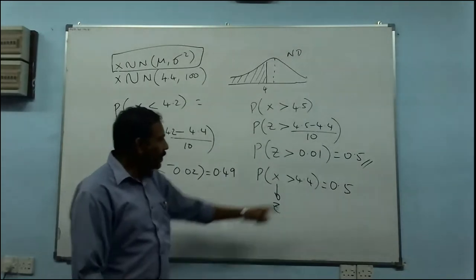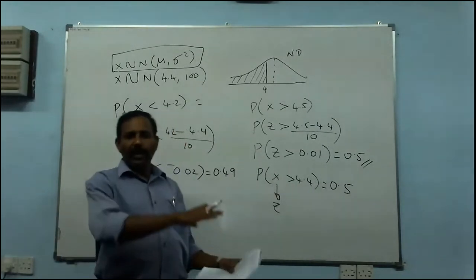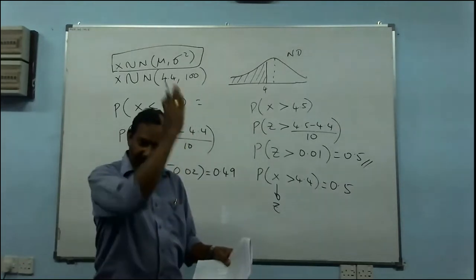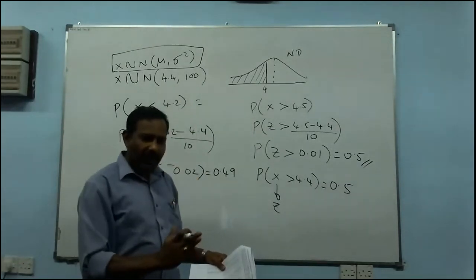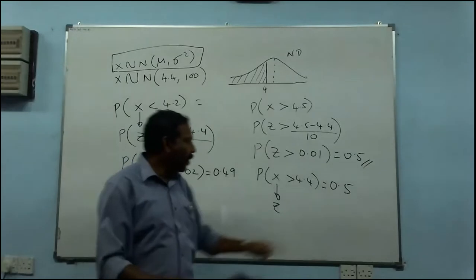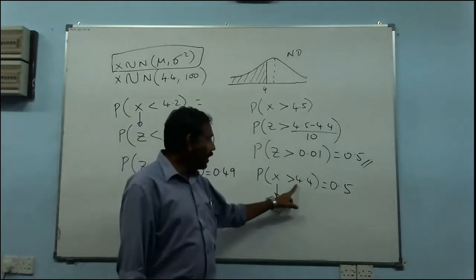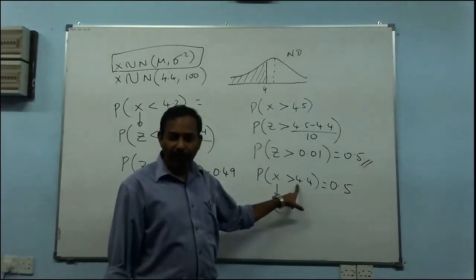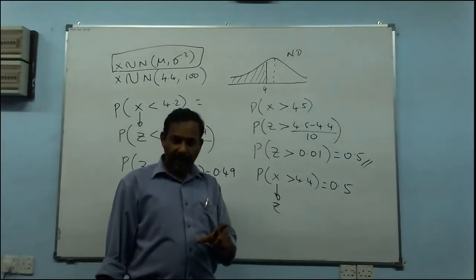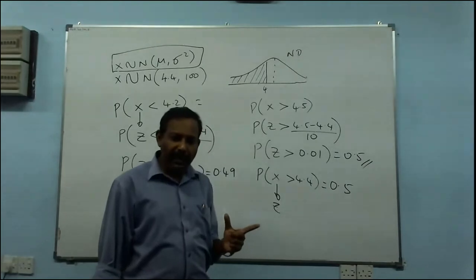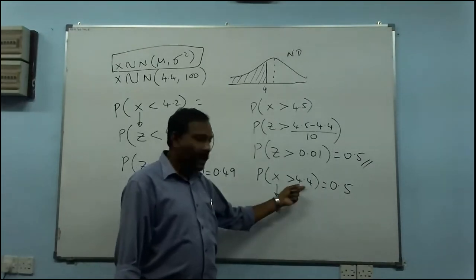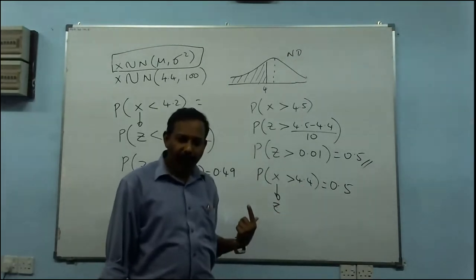Why? Because this is the mean value. Any value above the mean or below the mean is symmetric. So we can say the probability is 0.5. So 50% of the farmers are having more yield than 4.4. Another 50% of farmers are having paddy yield of less than 4.4.